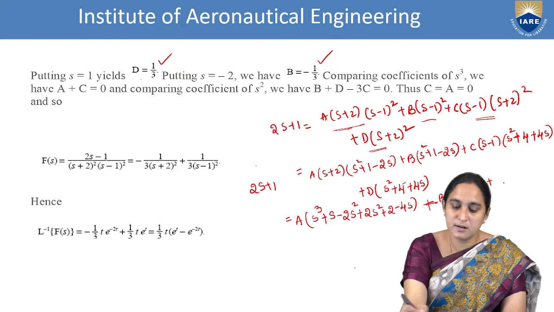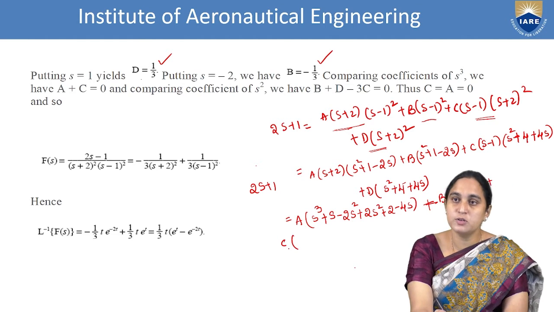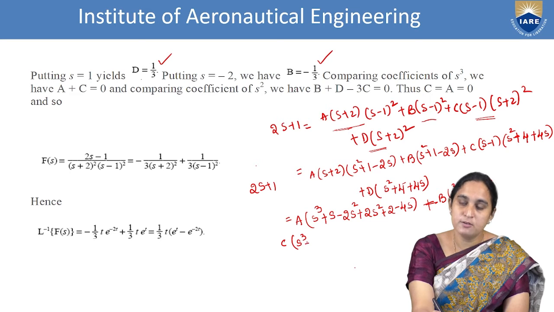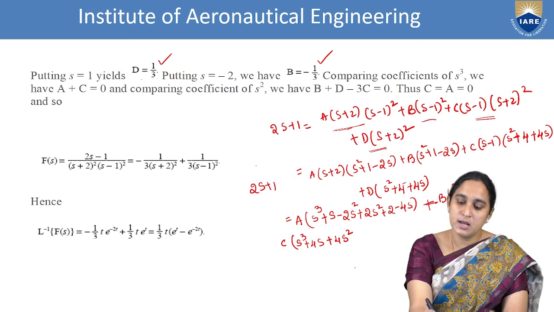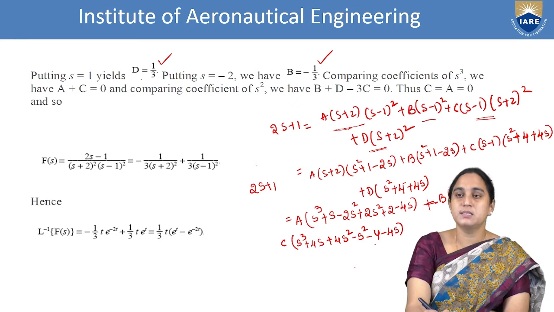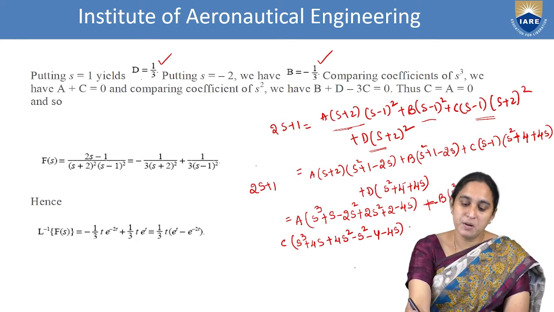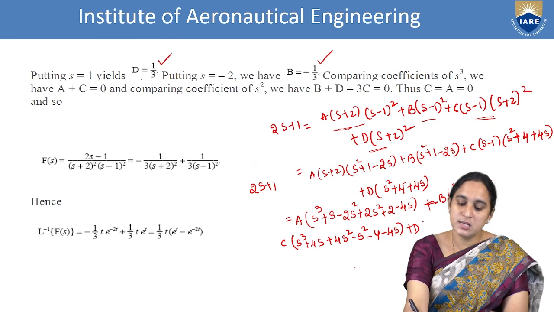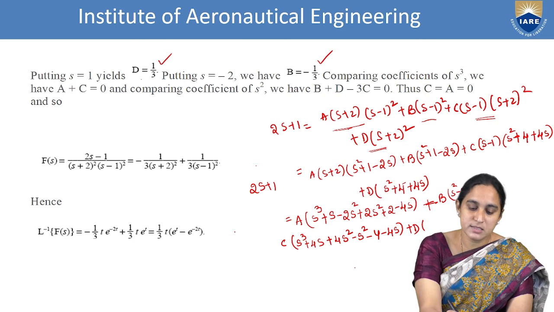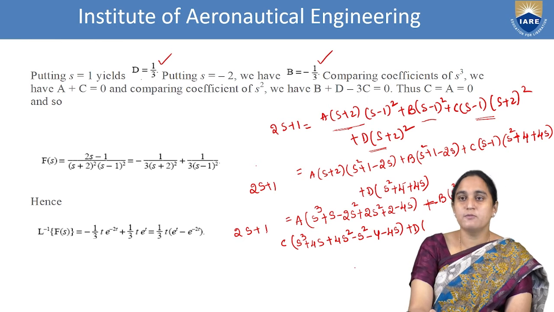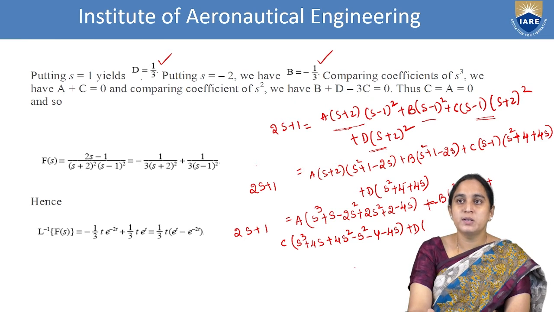Then the C part, here I am writing C into S into S square means S cube, plus 4S, plus 4S square, plus 4S square, and next minus S square, next minus 4 minus 4S. This is the C part after multiplying with S minus 1, plus D into S square plus 4S plus 4. And the LHS side here is 2S plus 1.